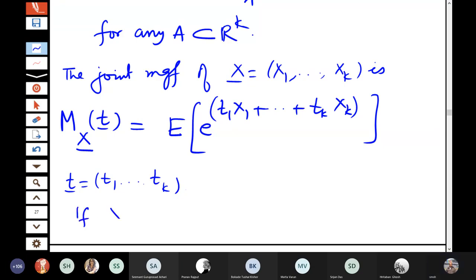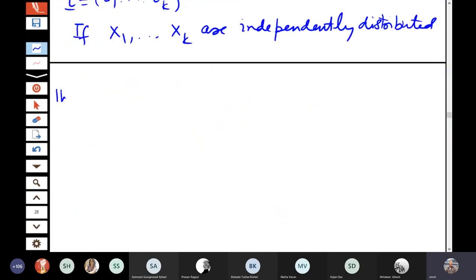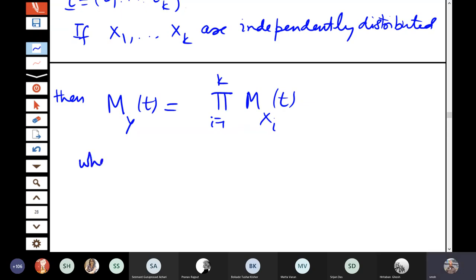Also, if x1, x2, xk are independently distributed, then the moment generating function of the sum is equal to the product of the individual MGFs, where y is the sum of the xi's. So the moment generating function of the sum is equal to the product of the MGFs if the random variables are independent.